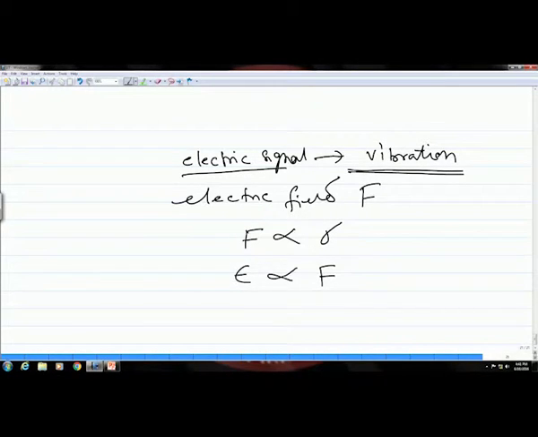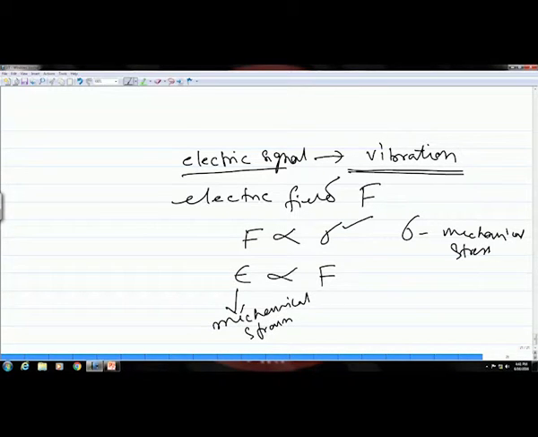Let us say if you supply an electrical field F, it will generate a mechanical stress sigma. Similarly, if you have a mechanical strain epsilon, it will generate an electrical signal.